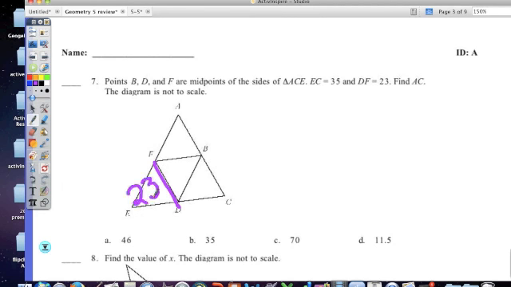Since DF starts at the midpoint of EC and goes to the midpoint of AE, we know that the line parallel to it is going to be twice the size. So DF is 23 degrees and AC is parallel to it, so AC is going to be 46 degrees. Great job.